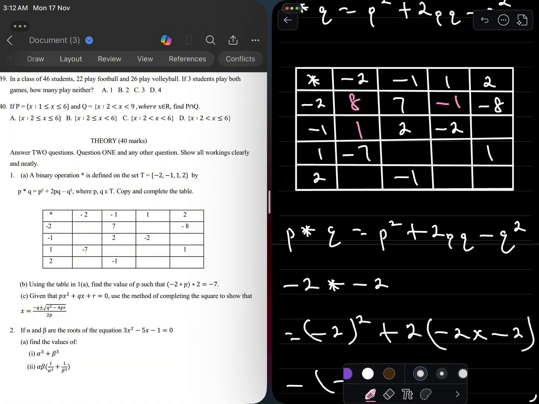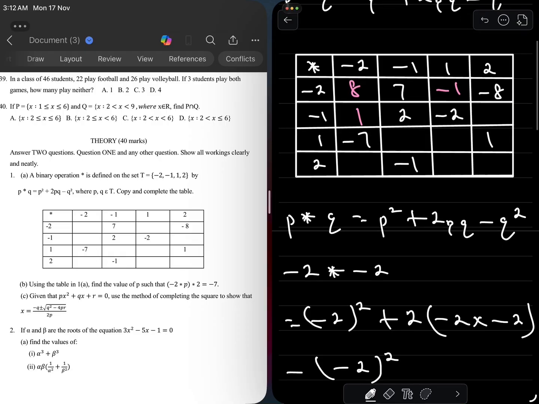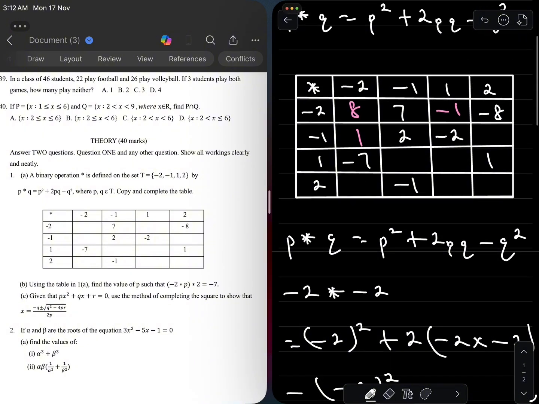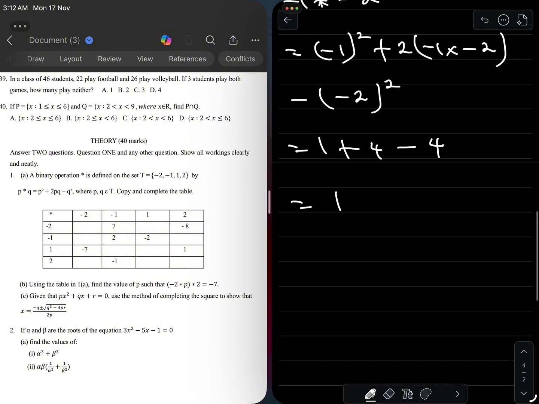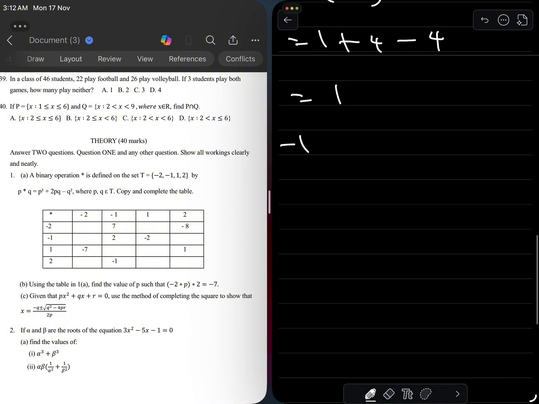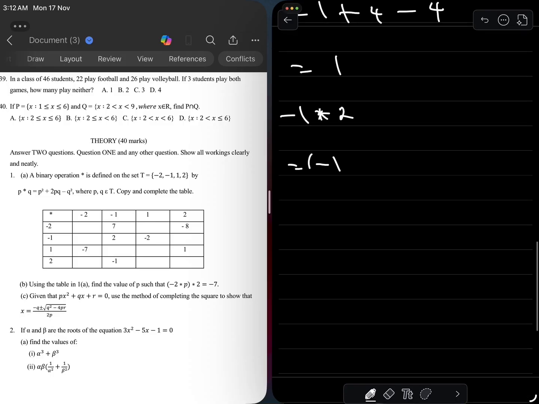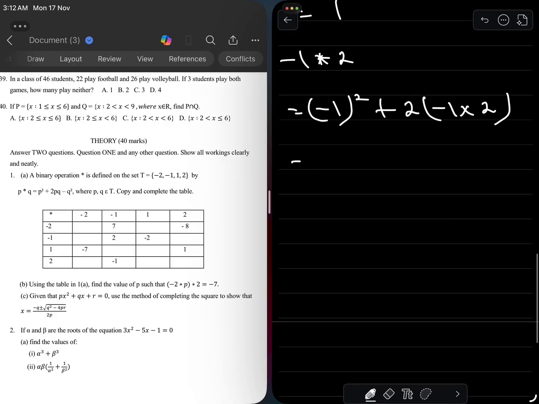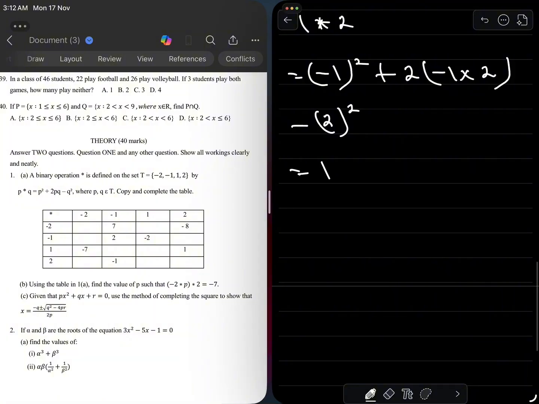Now to the next one, quickly. That's minus 1 asterisk 2. Minus 1 asterisk 2 is equal to P squared, that's the square of minus 1, plus 2PQ, plus 2 times minus 1 times 2, minus Q squared, that's minus the square of 2, and that will be 1.